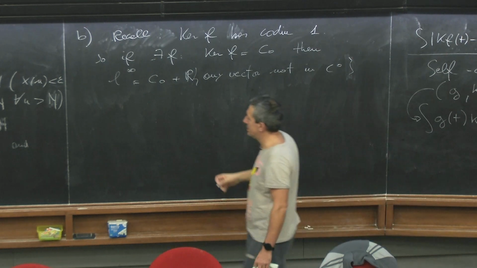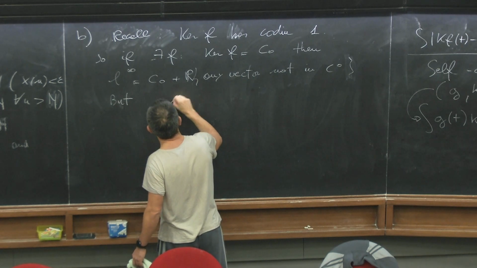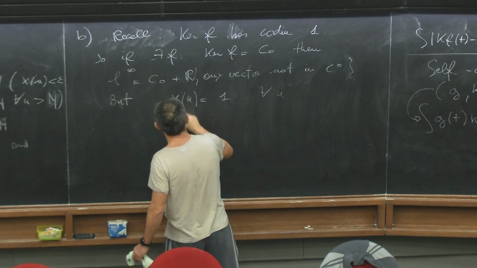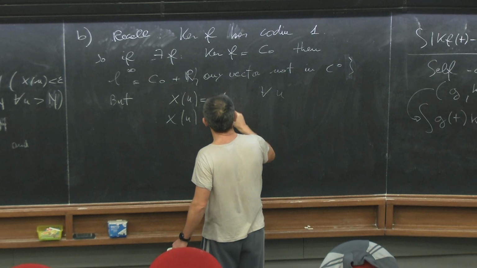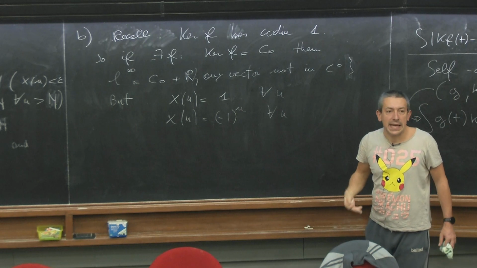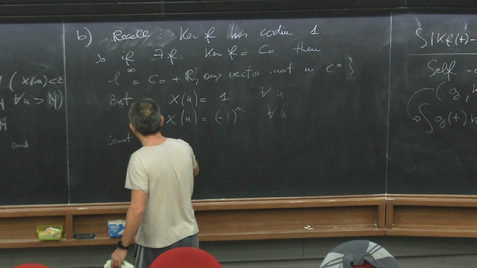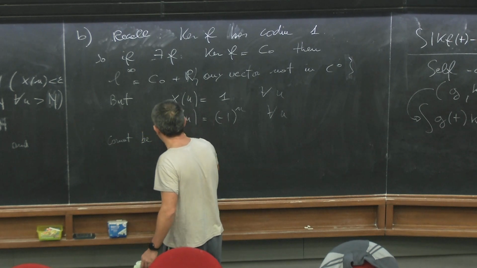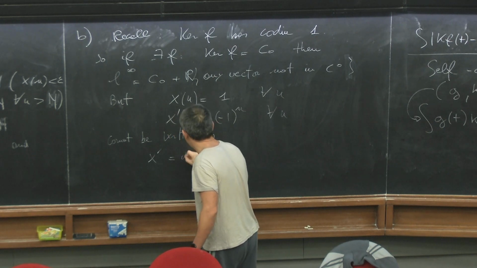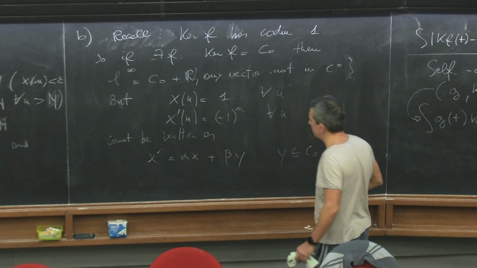Let's take two vectors: xn equal to 1 for all n, and xn equal to minus 1 to the n for all n. They cannot be written as x prime equal to alpha x plus beta y, where y is in C0.